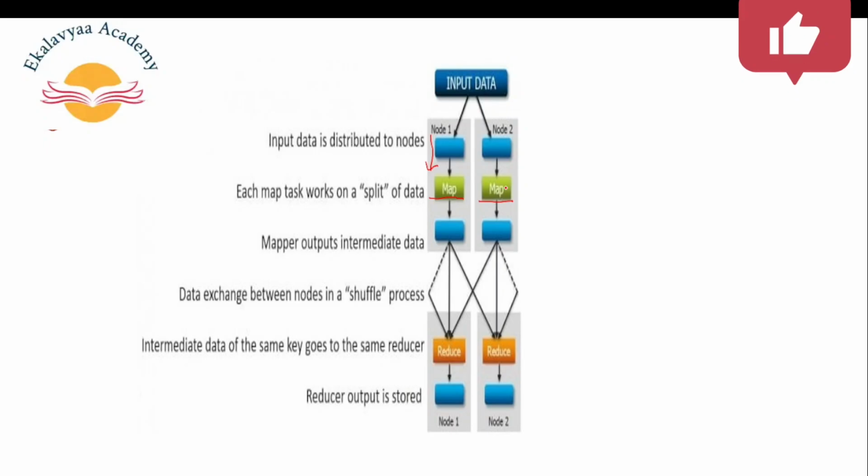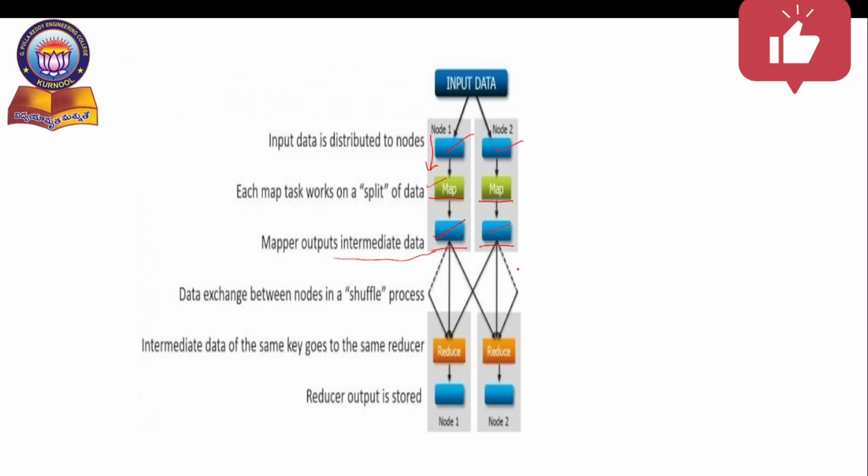So the data is distributed to these nodes, and now each map task will start execution on the input data. Now the mapper outputs intermediate data after processing the input data. So this is where the map task output is generated.